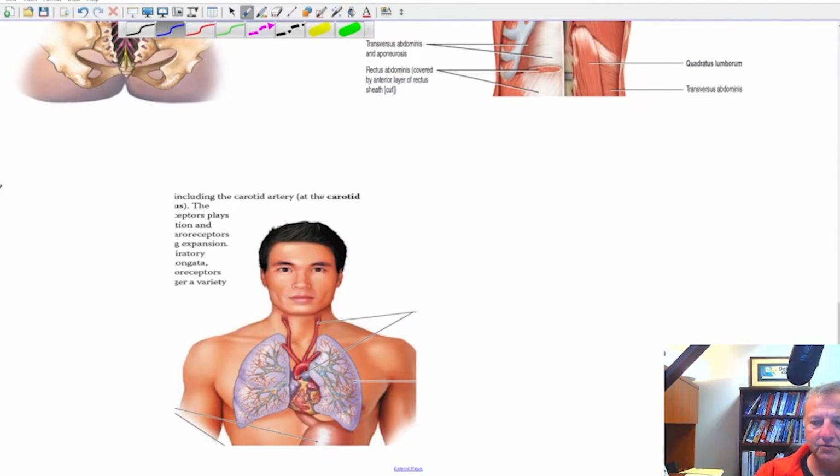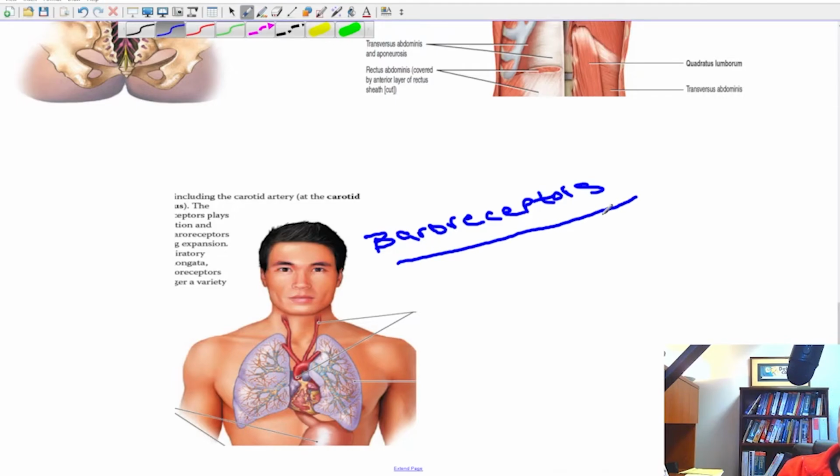Do you guys remember baroreceptors? What do they do? What do they monitor?